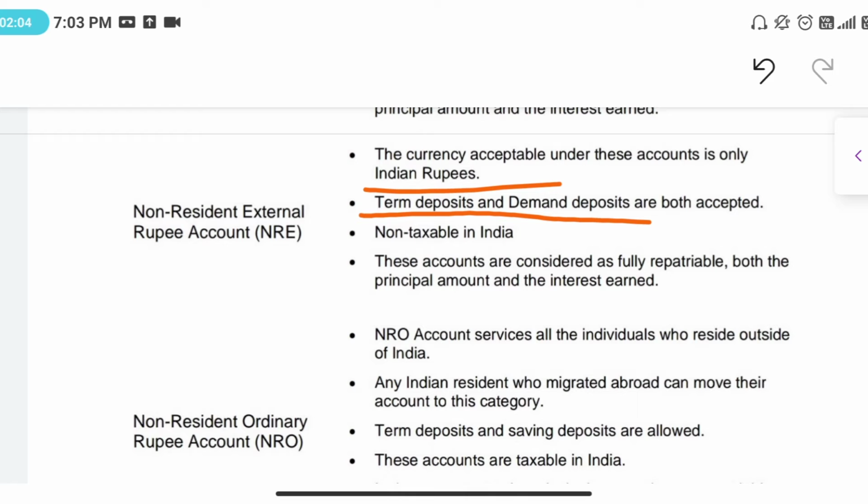And again, these accounts are non-taxable in India. These accounts are considered fully repatriable, both the principal and the interest earned. So like the previous account, under the non-resident external rupee account, again the principal and the interest earned can both be repatriated, which means they can be paid back, and both these accounts are non-taxable in India.